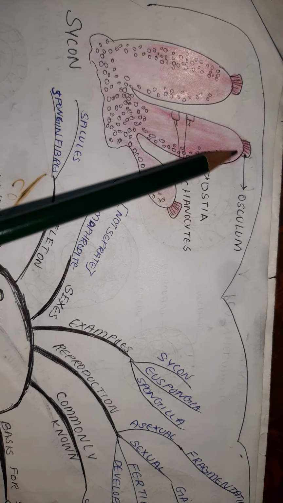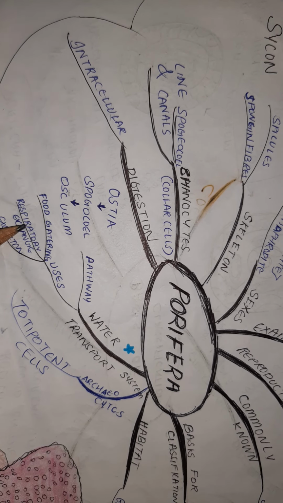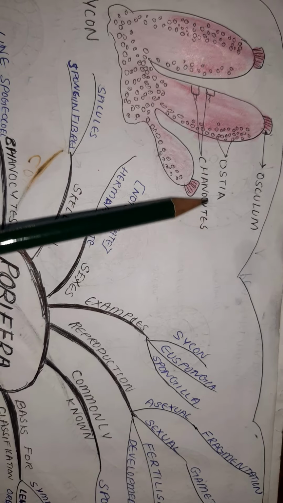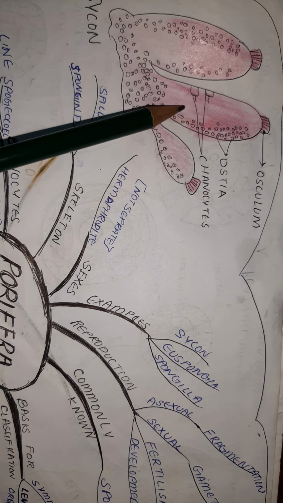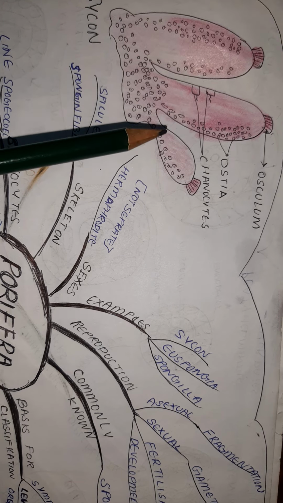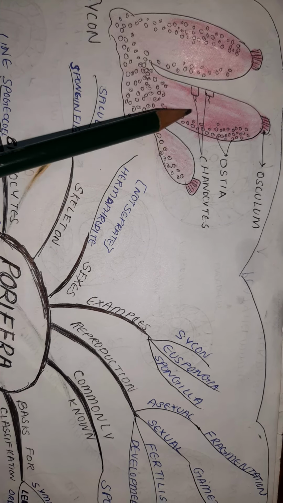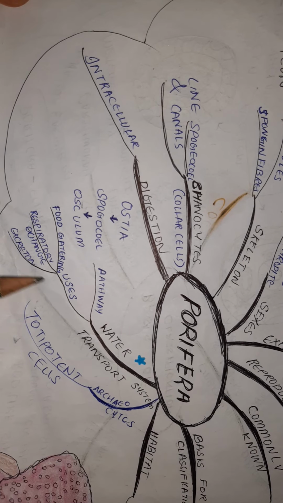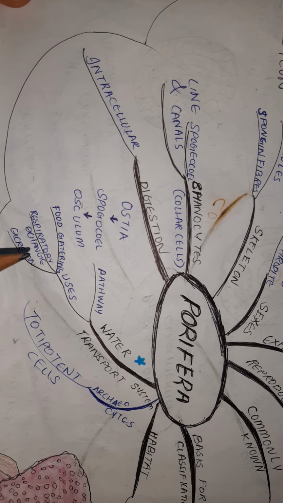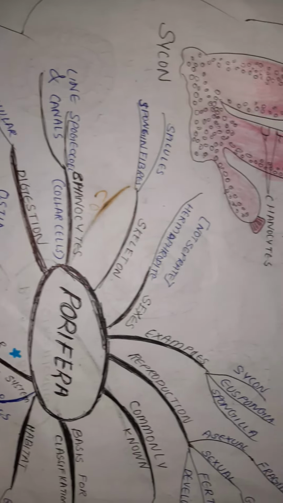Let's see the uses of this water transport system. This is used in food gathering. When the water comes inside through ostia, food is gathered by the cells which are lined in the spongocoel. These cells gather the food and the rest of the water goes out through the osculum. The second use of this water transport system is respiratory exchange.